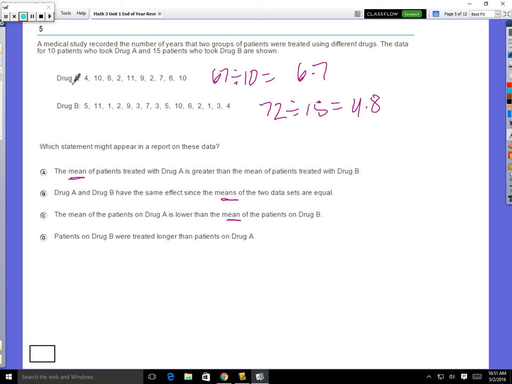So the average on drug A is higher. So the average of patients treated with drug A is greater than the average of patients treated with drug B. Okay, I think that's the one.